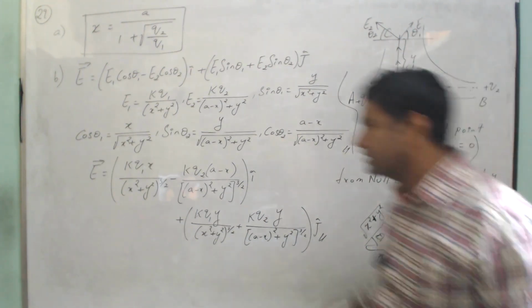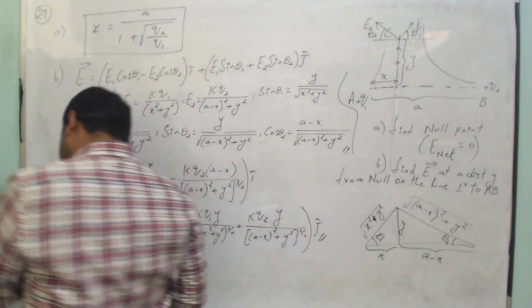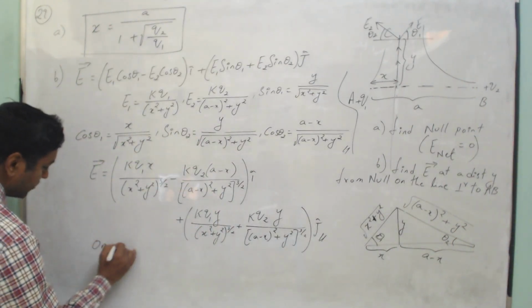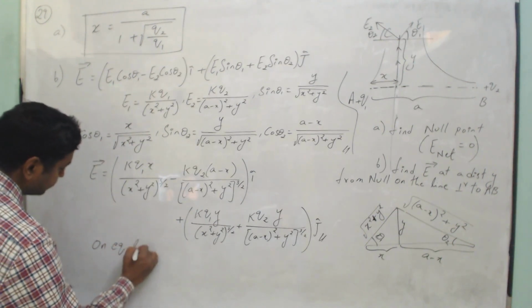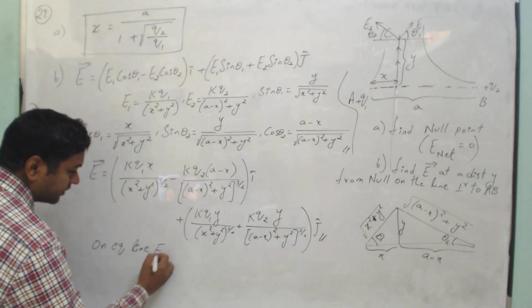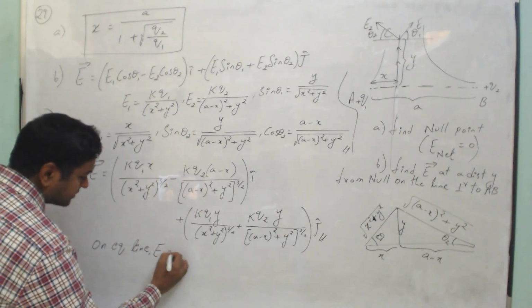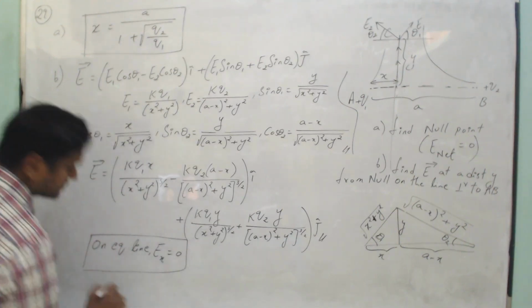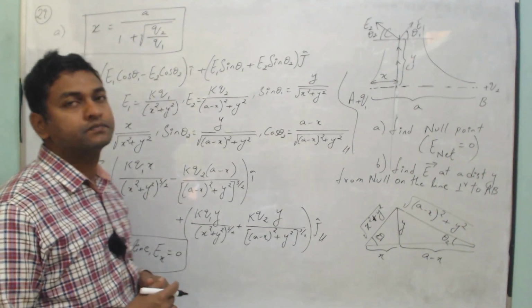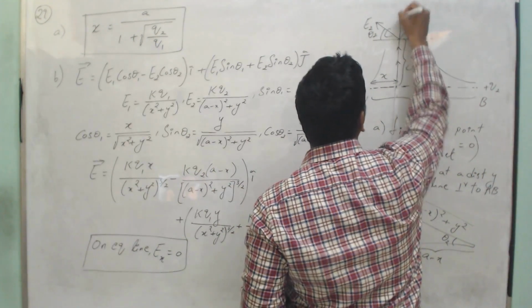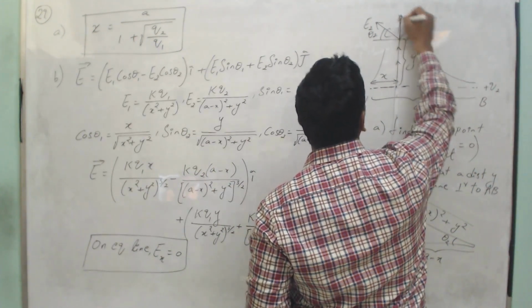Clear? That means the electric field on the equatorial line, the electric field along x direction should be 0. Correct? And the electric field will completely be in the y direction, right?